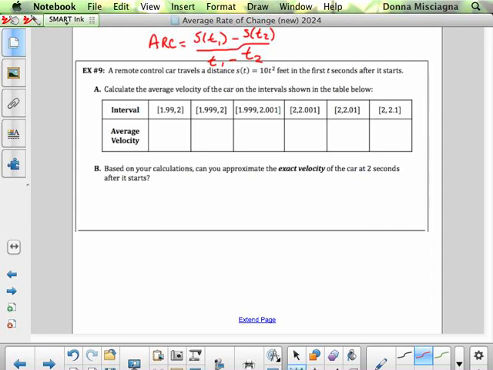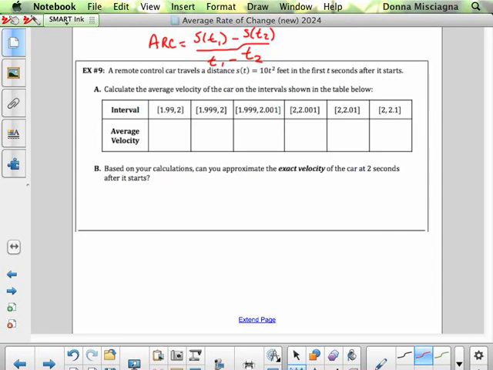I want you to write the formula down, and I used that formula to calculate all of these average rates of change already, using the values of t for each interval. So rather than doing that together, let's write the final results because we want to analyze the values in the table. I think we're all clear on how they were calculated, so let's go ahead and fill out the table.